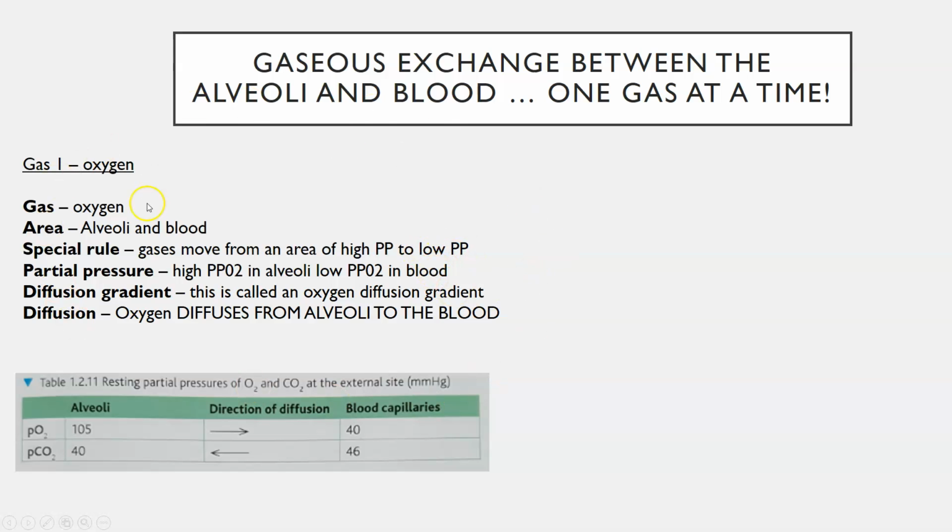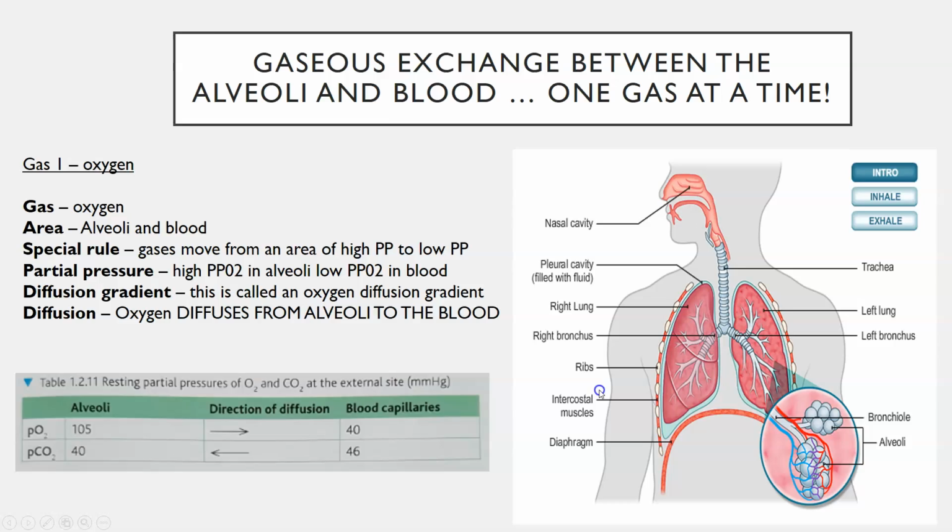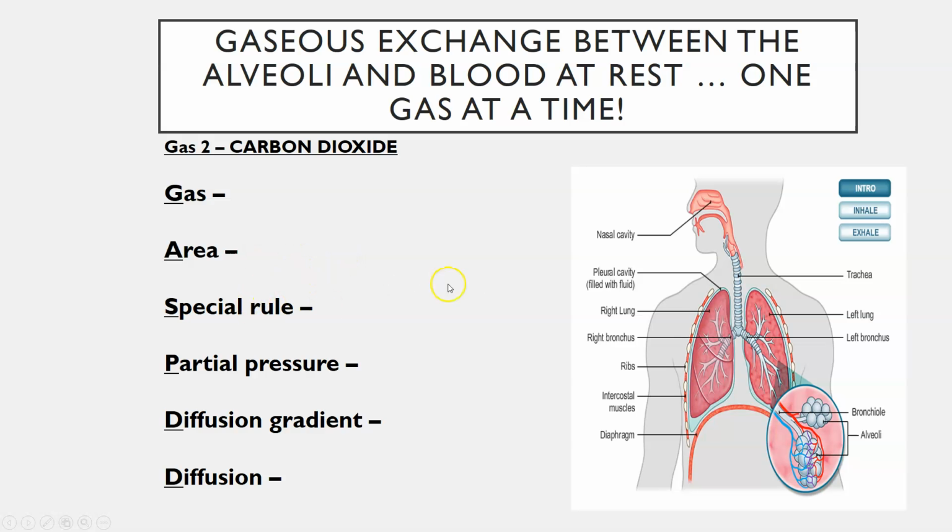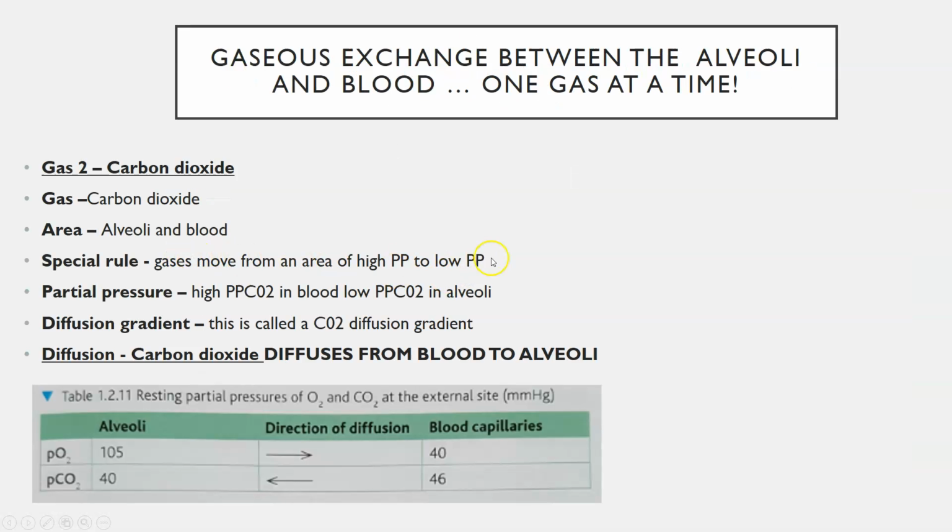So that's what we need to know with regards to oxygen, and then we're going to do the same for carbon dioxide. So gas, carbon dioxide, area, alveoli and the blood still. Special rule, gases move from an area of high partial pressure to an area of low partial pressure. So now we're talking about carbon dioxide. The partial pressure of carbon dioxide is high in the blood and it's low in the alveoli.